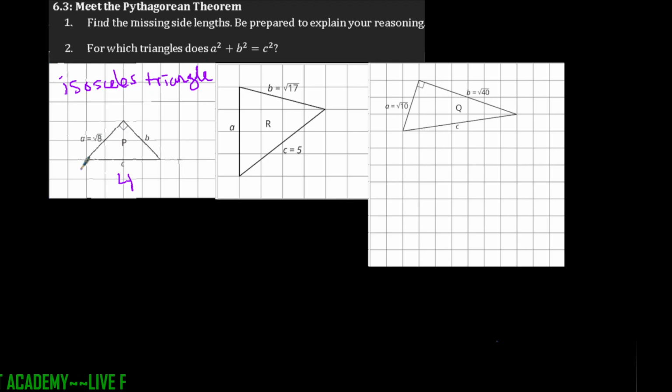So A and B are both equal, which means B is going to be equal to the square root of 8. For the next one, for R, same idea. Since it's a vertical line, I know that this side length A is also going to be 4, and so that's the only missing side length.